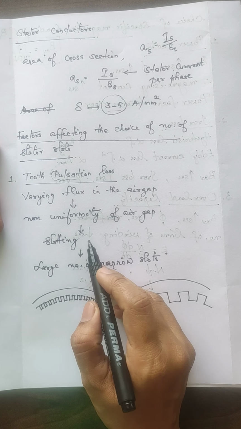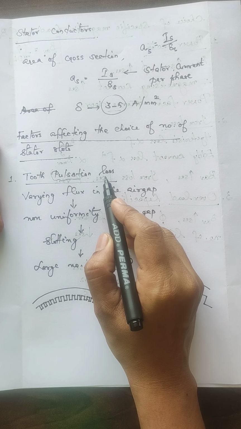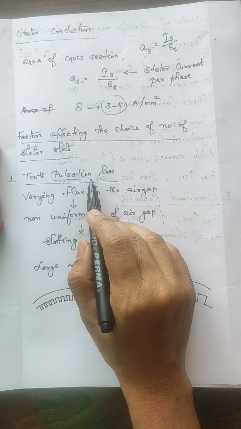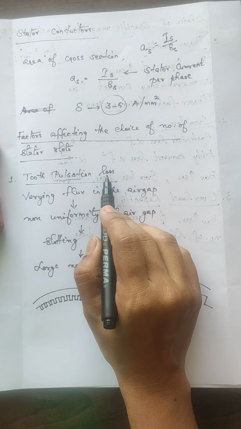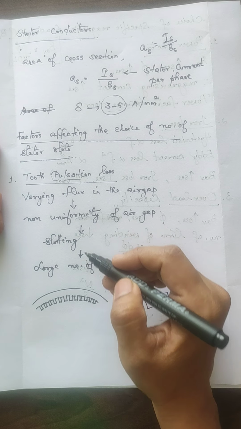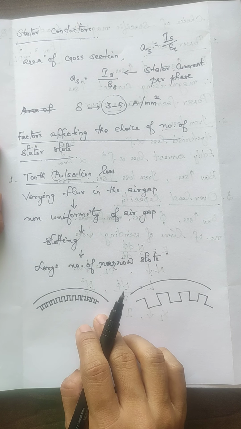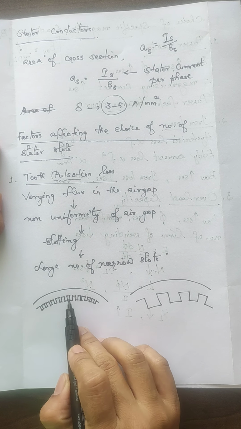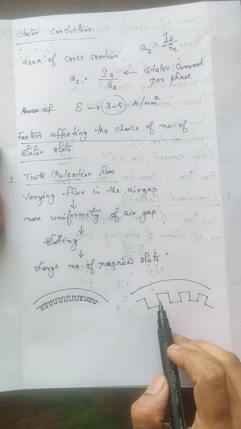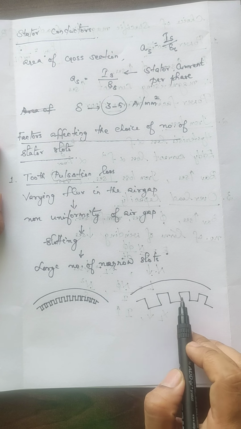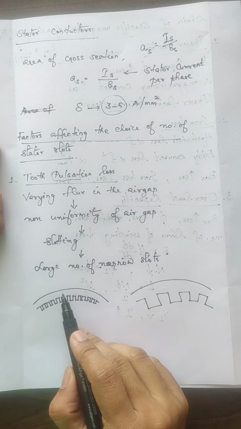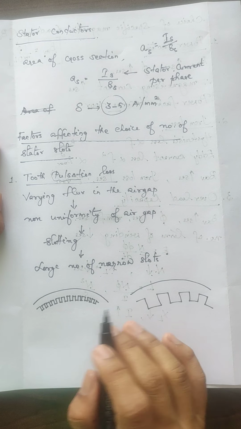What do we have to do in order to reduce the tooth pulsation loss? Tooth pulsation loss is due to non-uniformity, so in order to reduce this loss, we have to reduce that non-uniformity. Now, see these diagrams. Here we have a large number of narrow slots and here we have a small number of wide slots. In which case is the air gap more uniform?